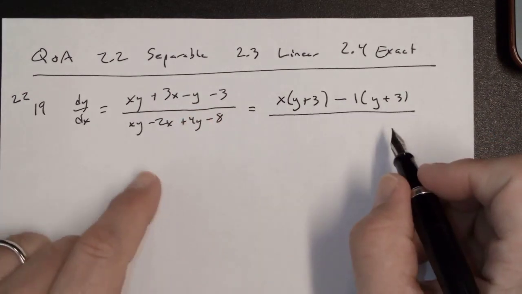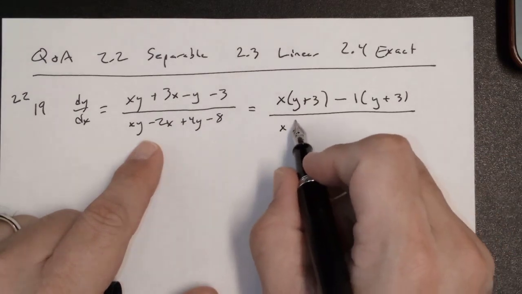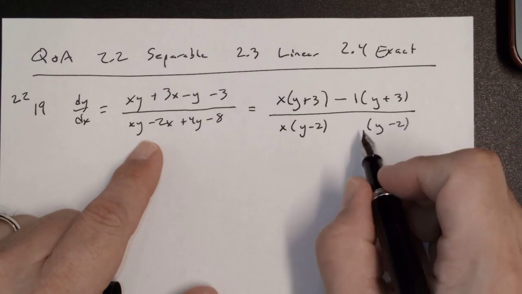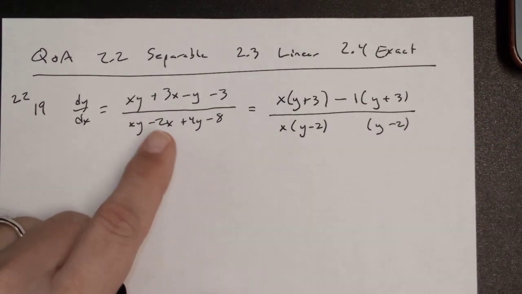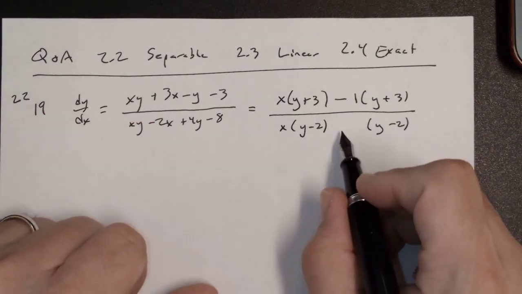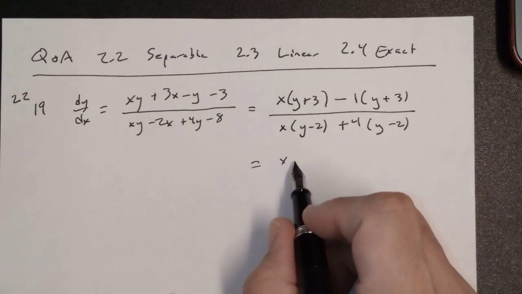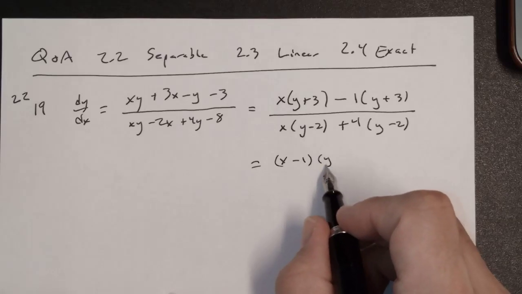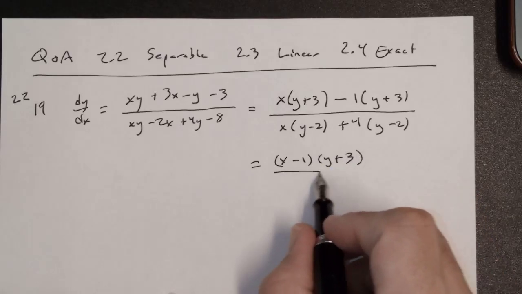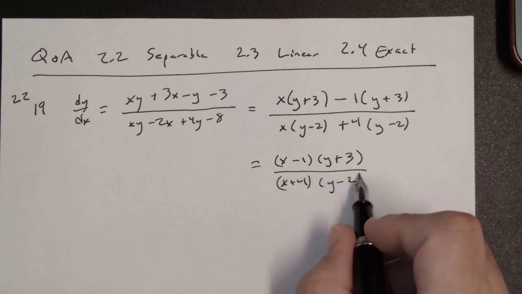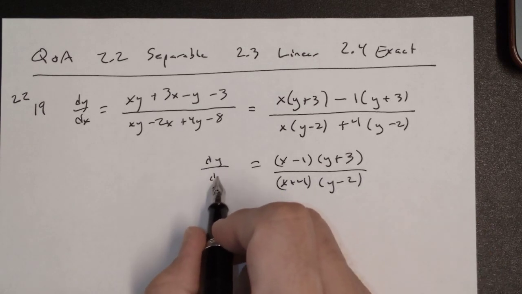And then down here, under the same vein, if I pull out this, what becomes the thing here? Oh, so this is x minus 1, y plus 3 over x plus 4, y minus 2, and that's dy dx.